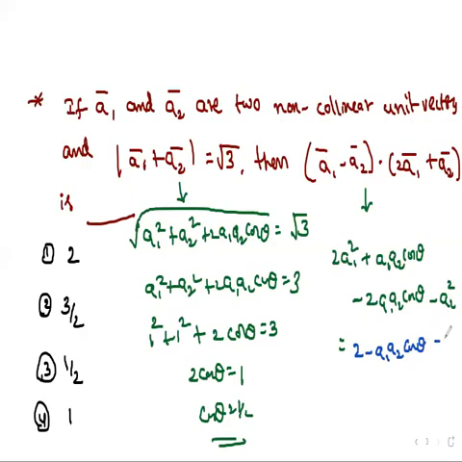Minus a2 square also becomes 1. So 2 minus 1 is 1. a1 and a2 are unit vectors, so we get 1 minus cos theta. We derived the cos theta value here, that is half. So 1 minus half is half. That is the answer for the given question.